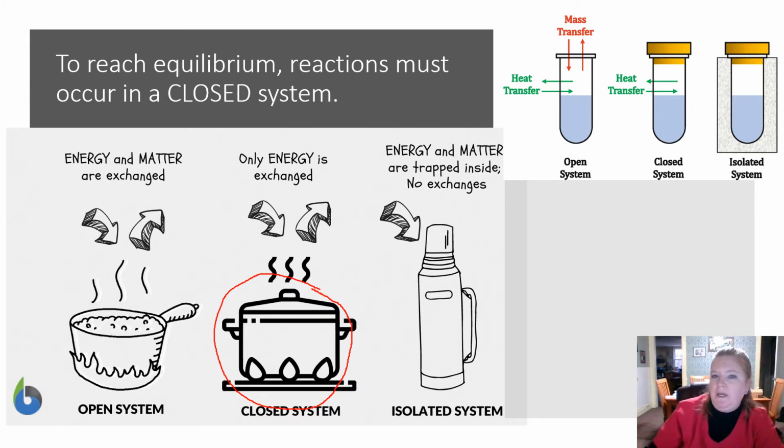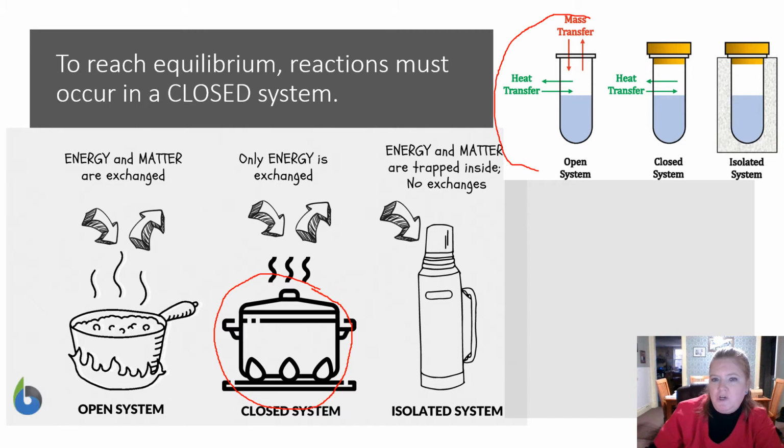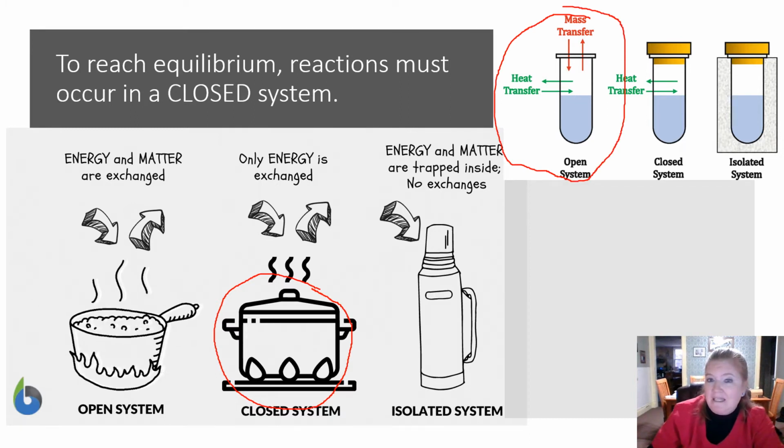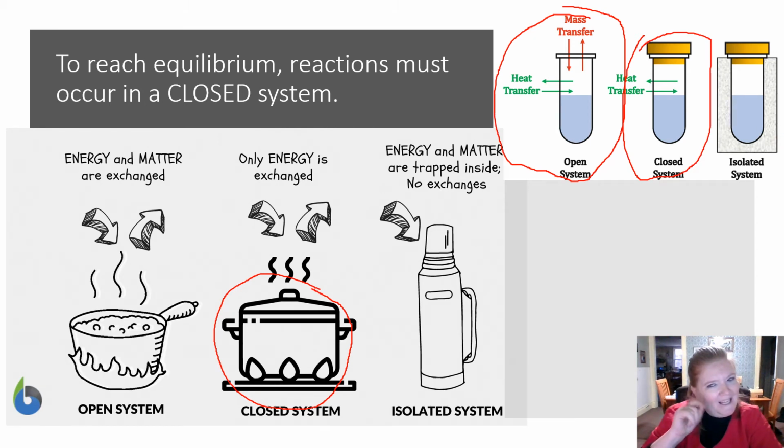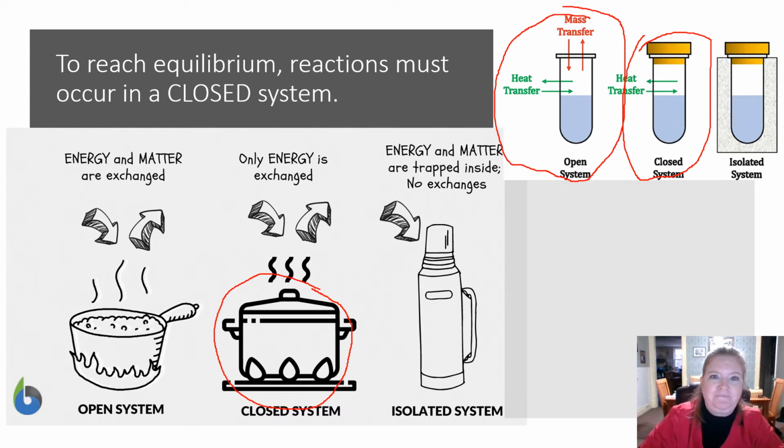Here is another illustration. In an open system, gases can enter, gases can leave, things could fall into the reaction. When we have a closed system, we put a lid on it. Don't put a ring on it, put a lid on it. It is a closed system, and that can reach equilibrium.